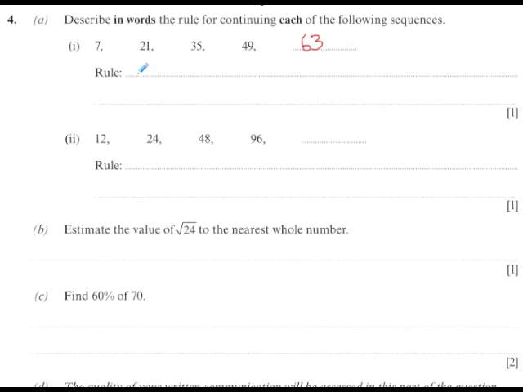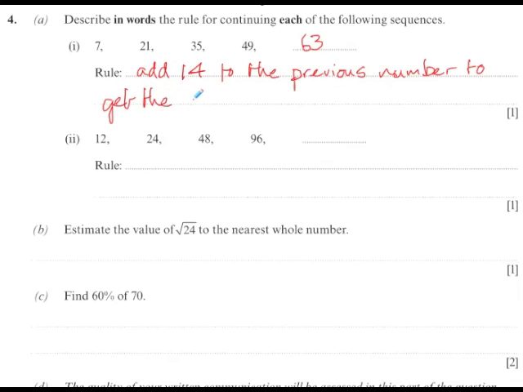So the rule is add 14 to the previous number to get the next number.